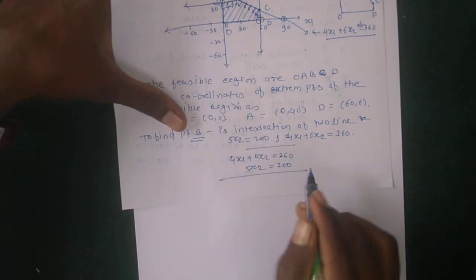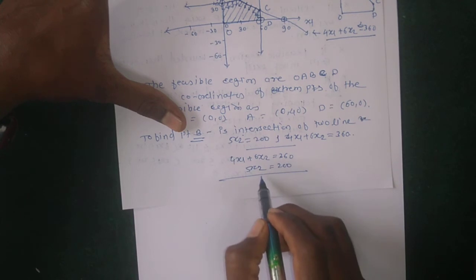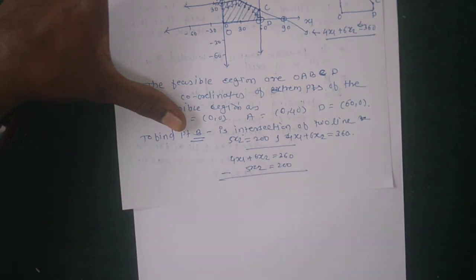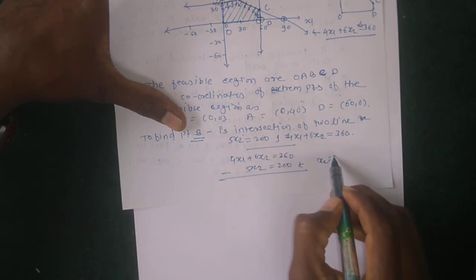How do we solve this? From 5x2 is equal to 200, x2 is equal to 40.